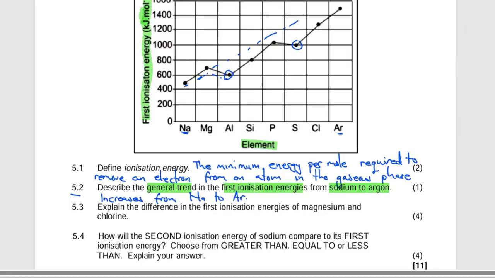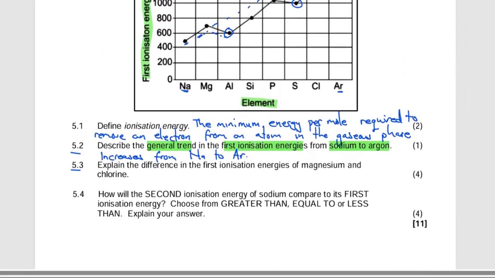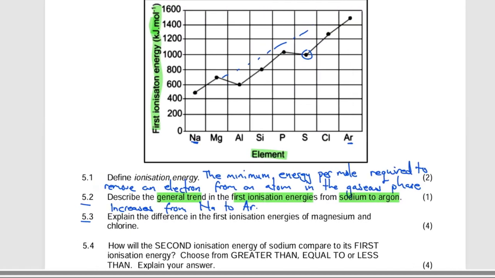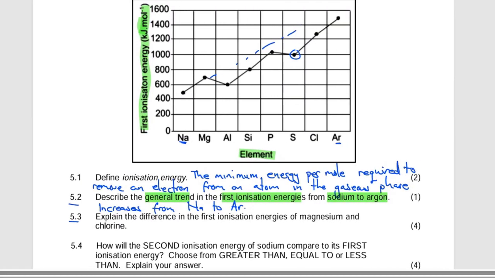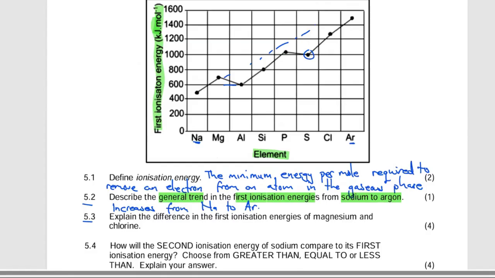Then 5.3 asks us to explain the differences in the first ionization energy of magnesium and chlorine. So now let's look at the first ionization energies of magnesium and chlorine. If I erase that part there, we're supposed to explain the first ionization energy of magnesium and chlorine.